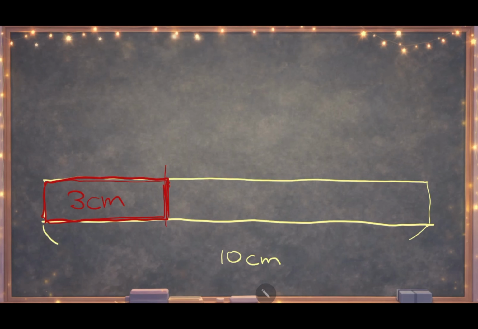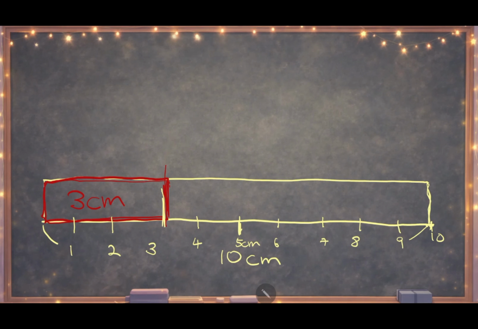Let's go through it. This 10 centimeters of the tape is 1 whole in this case. Because we are using centimeters, we will imagine we share this tape equally into 1 centimeter pieces. I have split this sellotape into each of the centimeters, so I have made 10 equal pieces.